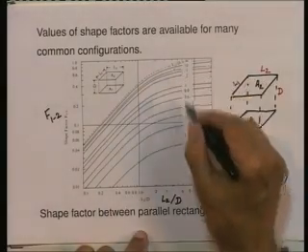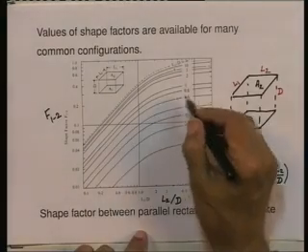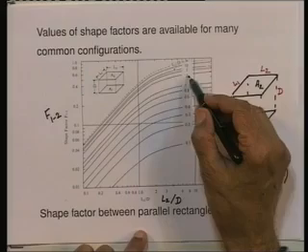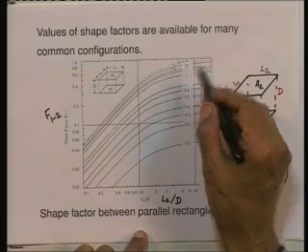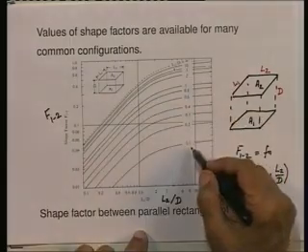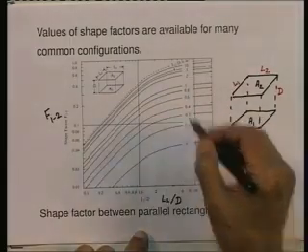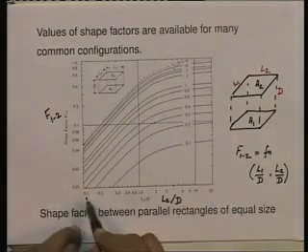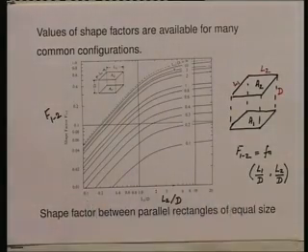In this case, this is the curve for L1 by d equal to 1, L1 by d equal to 2, L1 by d equal to 3. The final one which is dotted is L1 by d equal to infinity. So, all values of L1 by d from 0.1 to infinity are covered in this graph. Similarly, L2 by d is covered from 0.1 to 20. So, all situations in practice are covered in this graph.